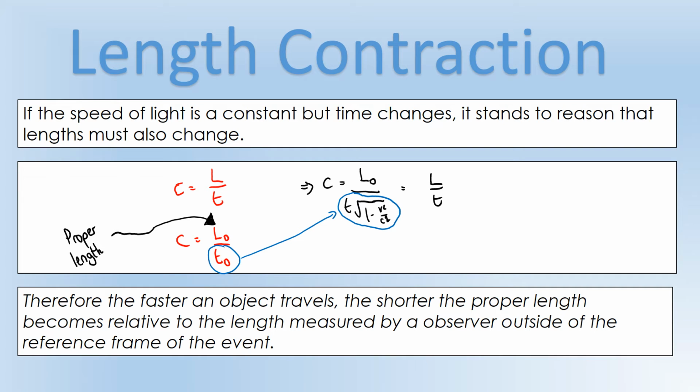So then if you cancel out the t's and do some rearranging, we get an expression for the proper length, or the length inside the reference frame of the event, and we can relate it to the length measured by someone outside the reference frame of the event. And it's this same factor that we've seen in here, the 1 minus v squared over c squared all square rooted. Okay, so that's our equation relating the two length measurements that you could get depending on where you are as an observer.